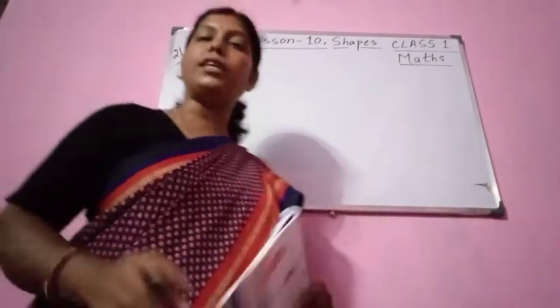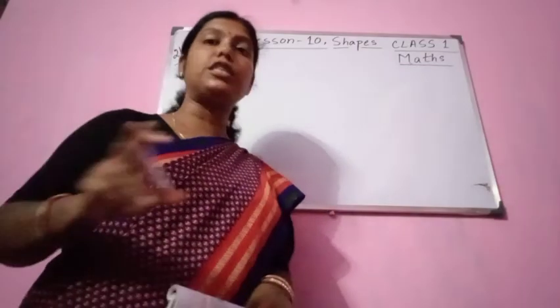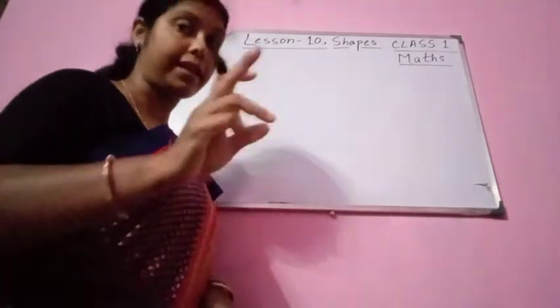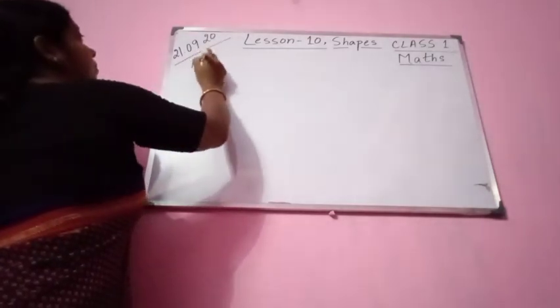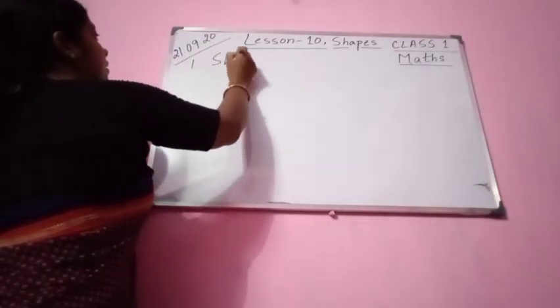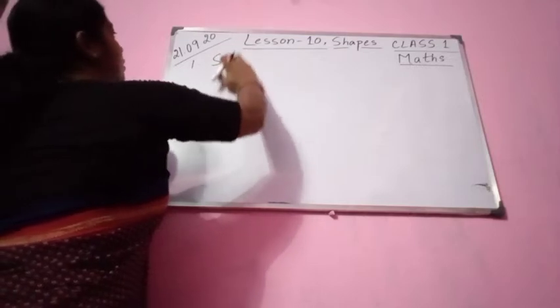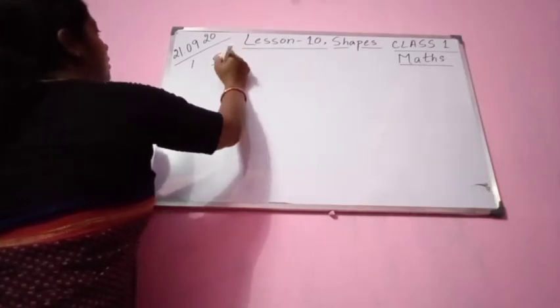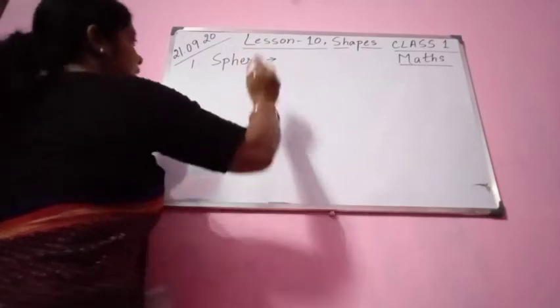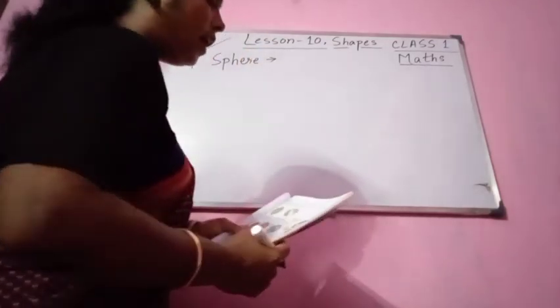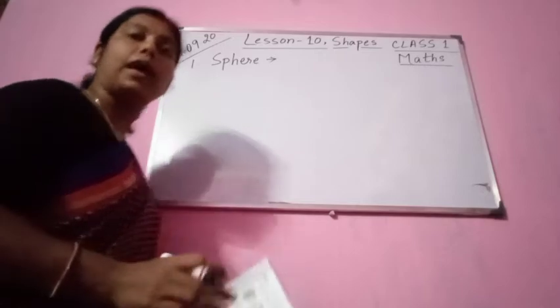Alright, number one is sphere. You know what is sphere? Sphere is like a ball. Okay, it's like a globe. So number one, sphere. Okay, sphere. So you see here, a sphere has an inner and outer surface.